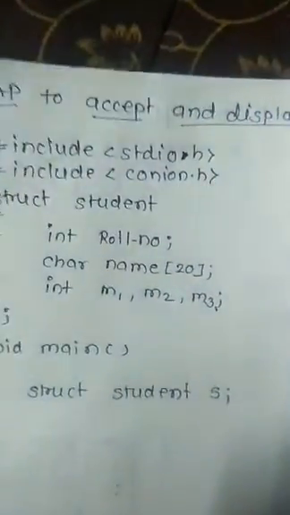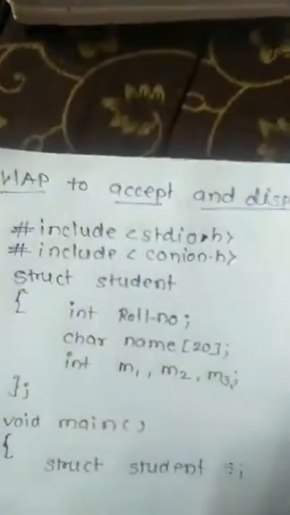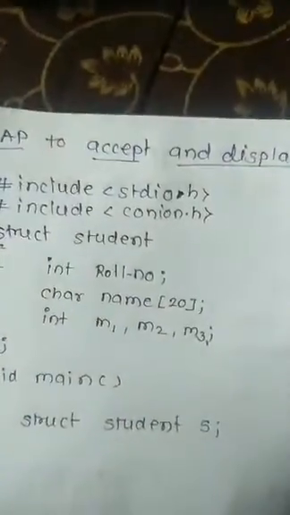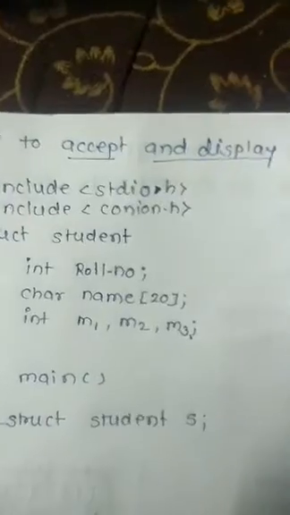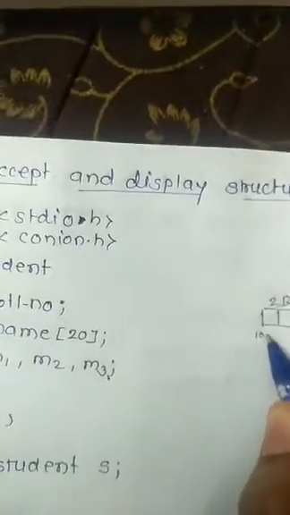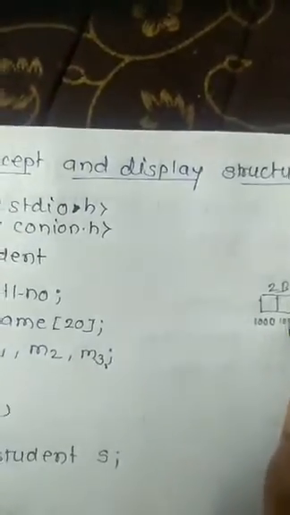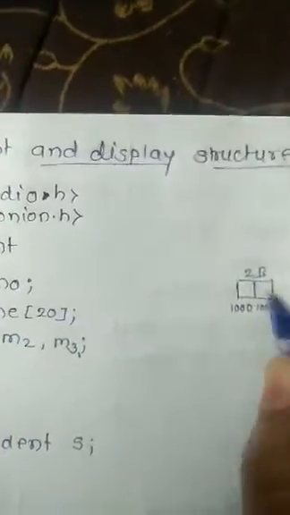So how is the memory reserved? After declaration of this S, this part is executed and it takes the memory. Roll number takes 2 bytes of memory. If I have 2 bytes of memory, 1000 is my first address location, and 1001 comes inside these 2 bytes.